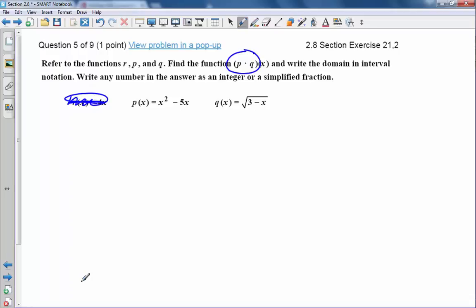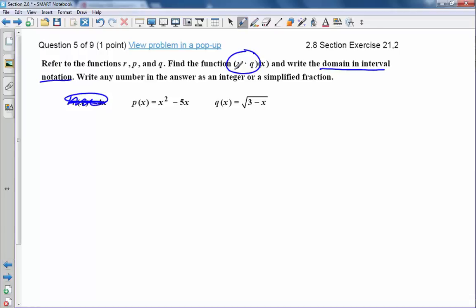Not only perform the multiplication, this question has a second part. They want us to find out the domain of the resulting function. The result will be a new function and a new domain. Get it? Okay? There are 2 ways of doing that.